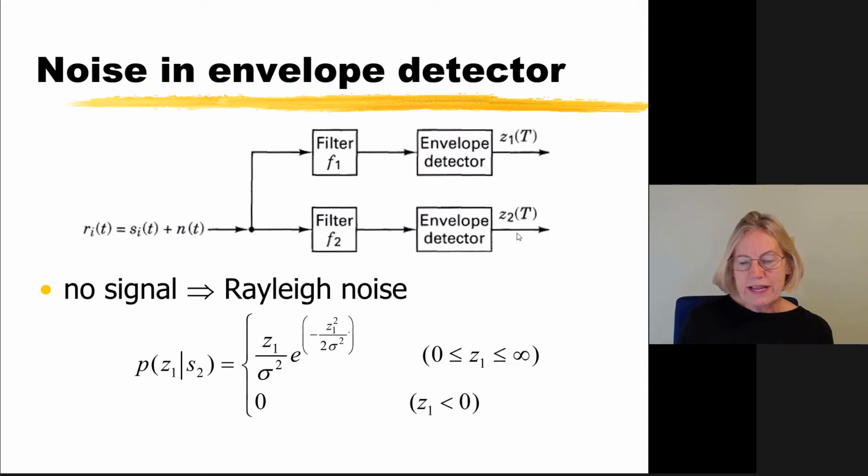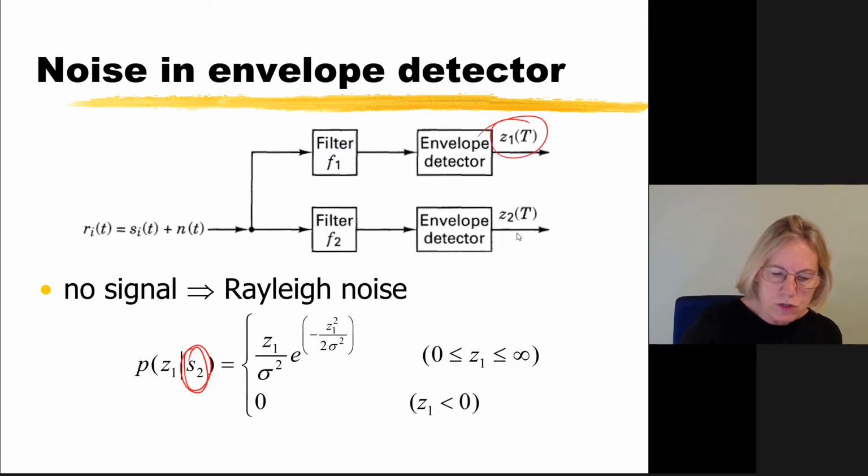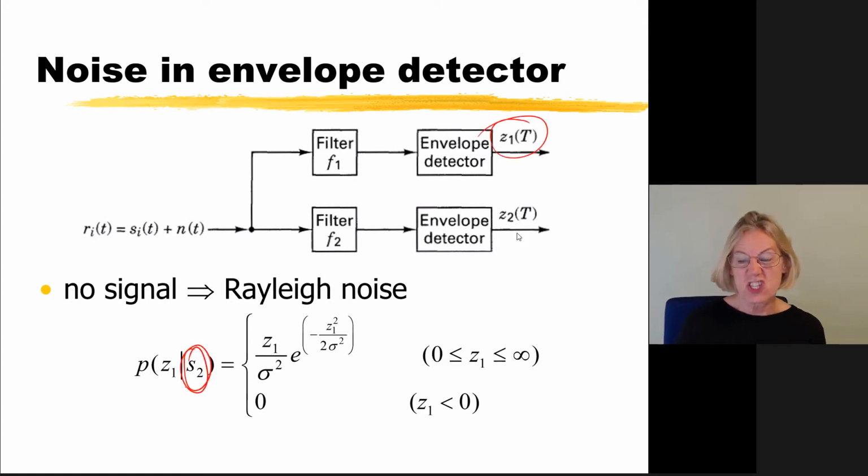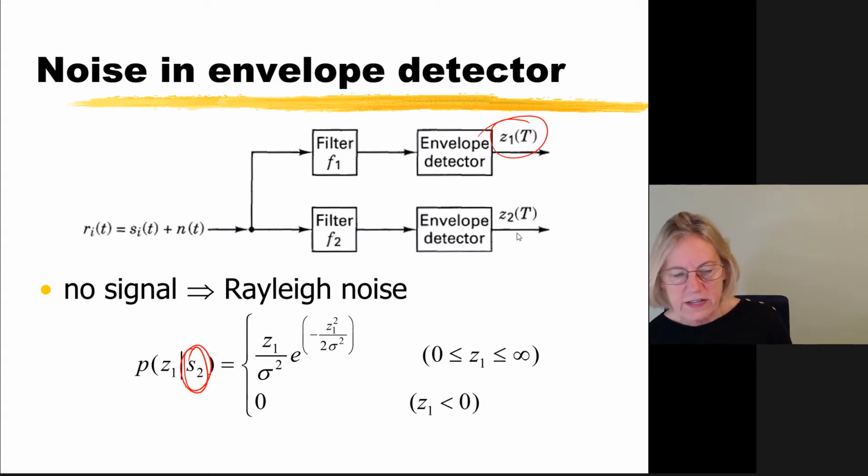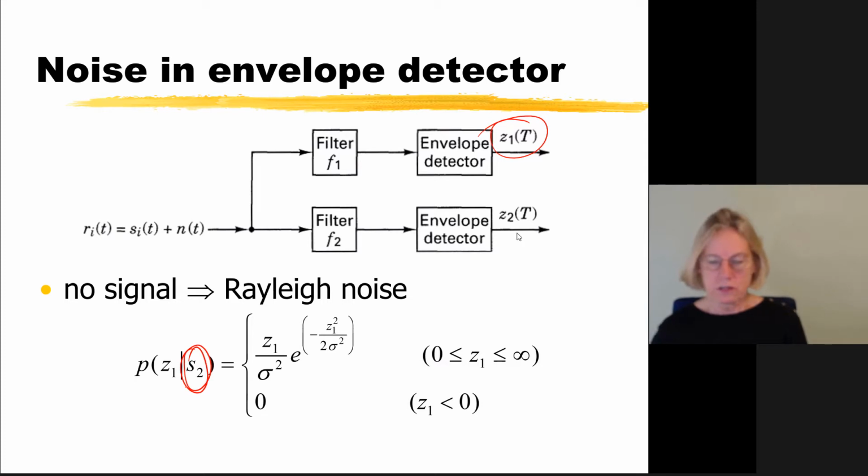Now, when there is no signal, let's look at the case where we're looking at Z1, but it was S2 that was sent. So in this case, it's just the noise. The statistics for the noise for an envelope detector, you can look it up in a textbook, is what we call Rayleigh noise, and it has the Rayleigh distribution.